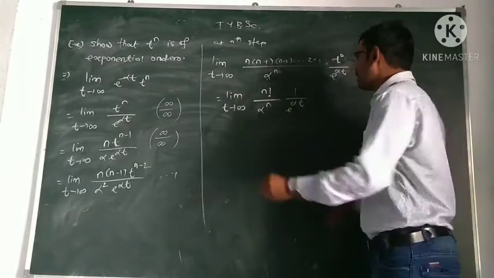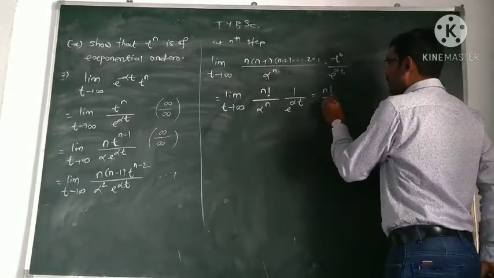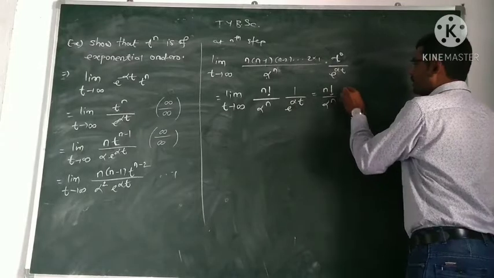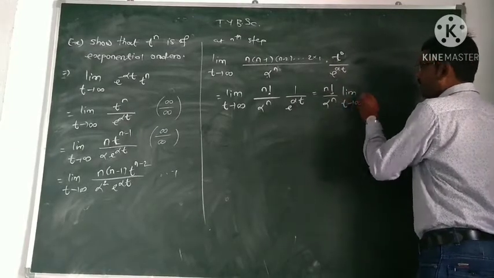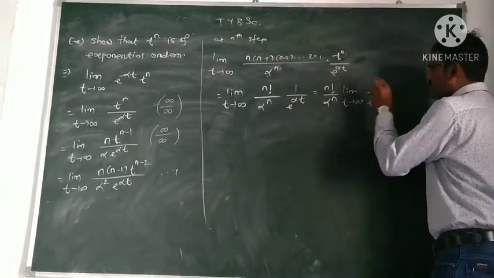So this is equal to n factorial upon alpha raised to power n into limit t tends to infinity of 1 upon e raised to power alpha t.